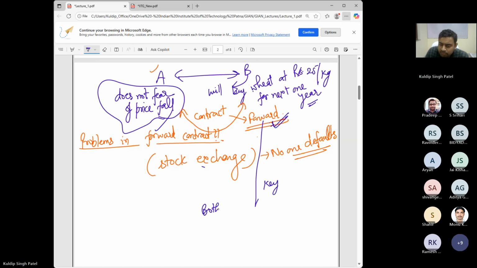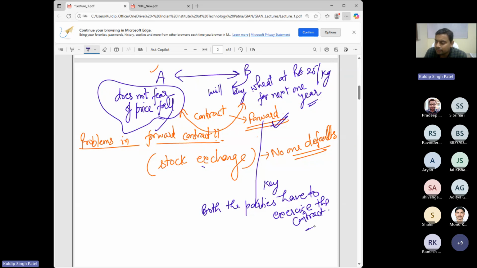Both the parties have to exercise the contract. What does it mean? That A has to sell and B has to buy. It's not like any leverage is given to anyone. Agree? A has to sell and B has to buy.